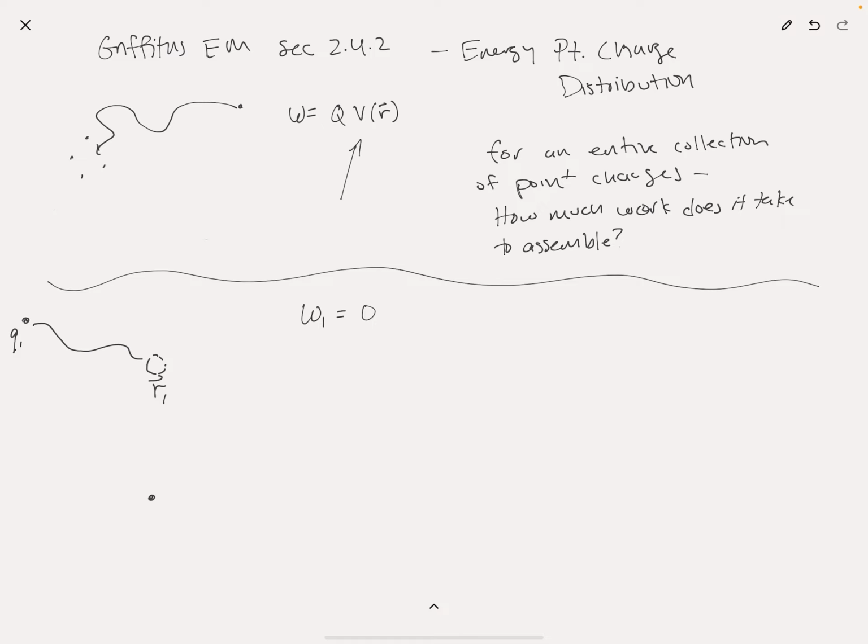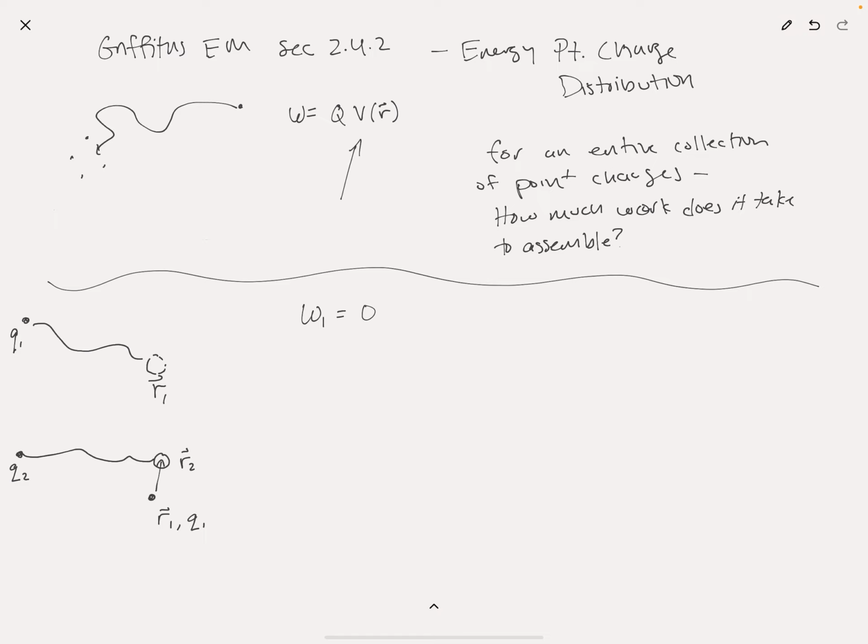Now we have a charge at R1 with magnitude Q1, and we want to bring a second charge, Q2, to some spot, R2. Now it's going to feel the potential from charge Q1.